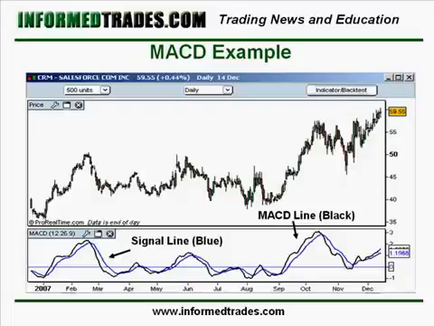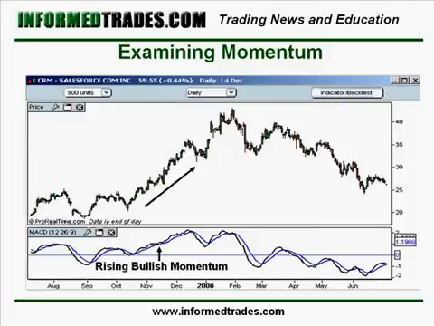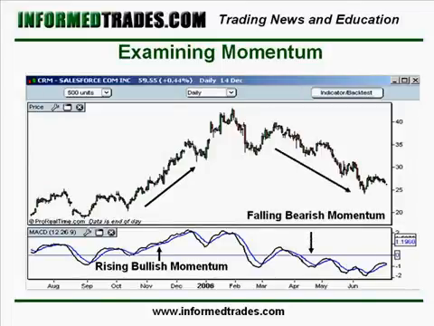And when it's below 0 and falling, they're going to look at this as a bearish sign for the market, as this indicates that the negative gap between the two moving averages is widening. So you can see here the MACD line is above 0 and rising, and that is bullish, and you can see here it is below 0 and falling, and that is bearish. So it did play out there for us.